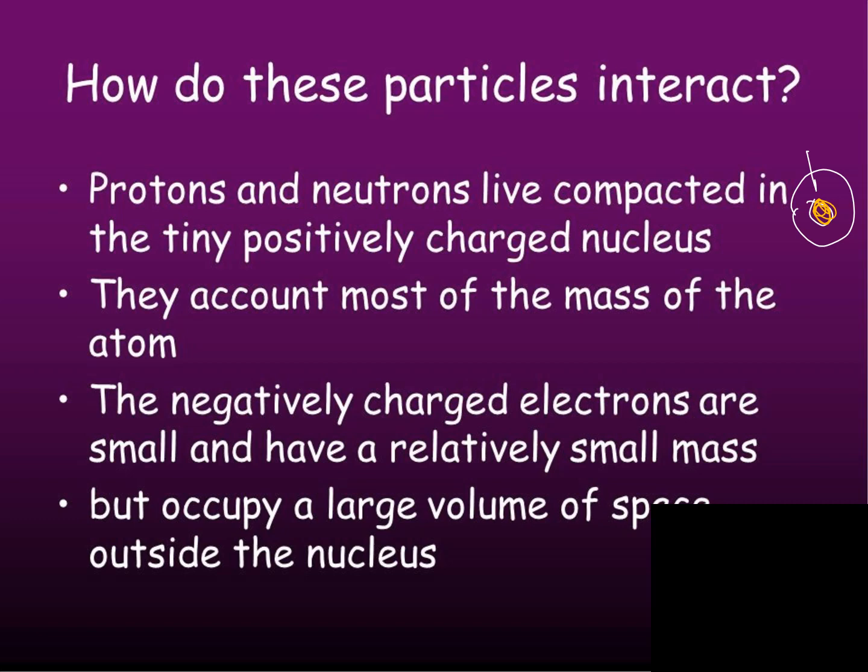The negatively charged electrons are small and have relatively small mass, but occupy a large volume of space outside the nucleus. Protons and neutrons have more weight and are inside the nucleus, occupying little space. Electrons have less weight but occupy more space.